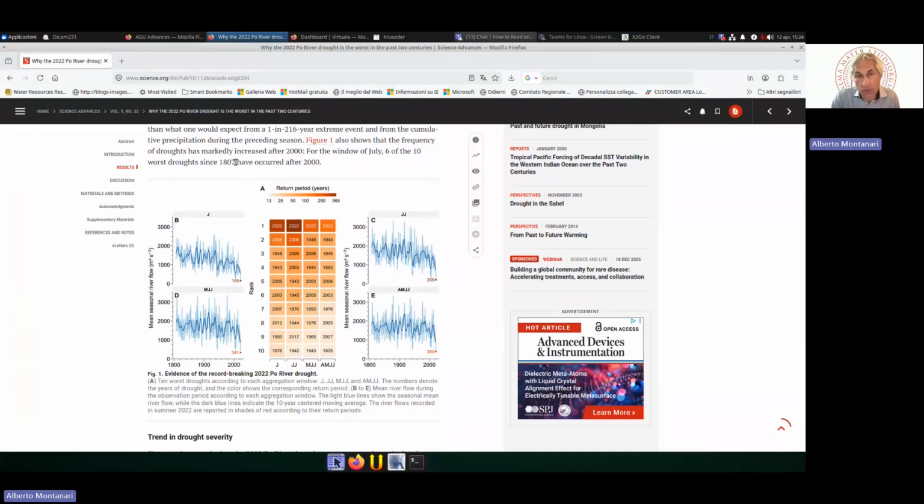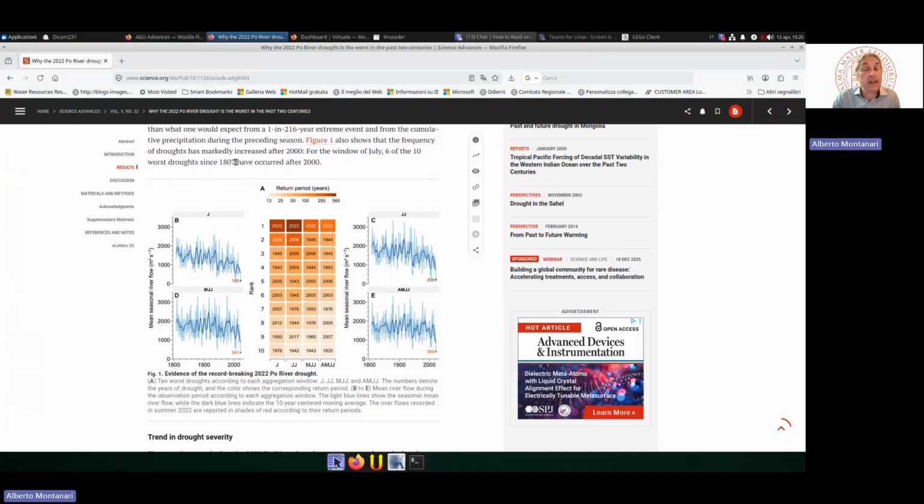But what we wanted to do here is, first of all, look at seasonal flows. What do I mean by seasonal? We first focused on the flows of July. So monthly flows in July. We have a series that is 207 years long. So I have 207 values of Po River flows in July. And it's the first column of the table with the symbol J. And then we focused on the flows in June and July.